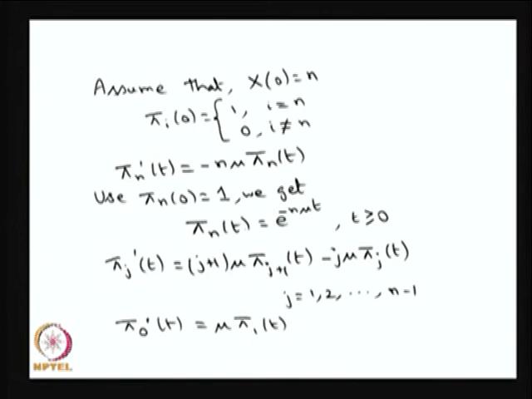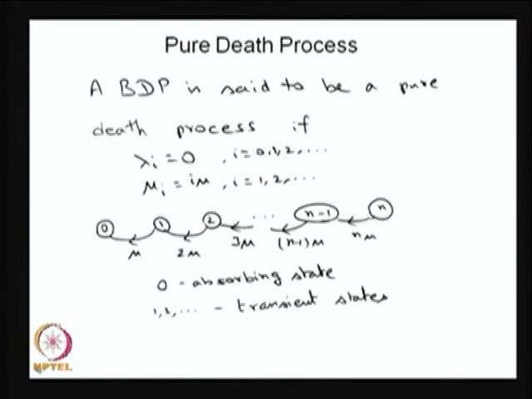For the second equation, I have to go for the equation for the state n minus 1. So, pi n minus 1 dash of t is nothing but either the system comes from the state n or is not moving from the state n minus 1. Therefore, the system coming from the state n is n mu times pi n of t, minus n minus 1 times mu pi n minus 1 of t.